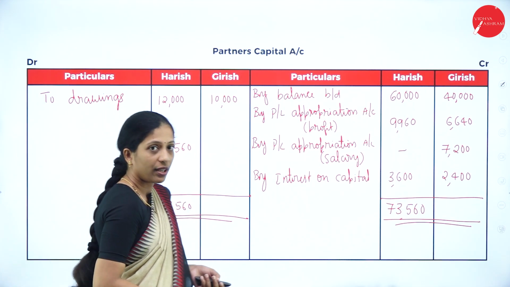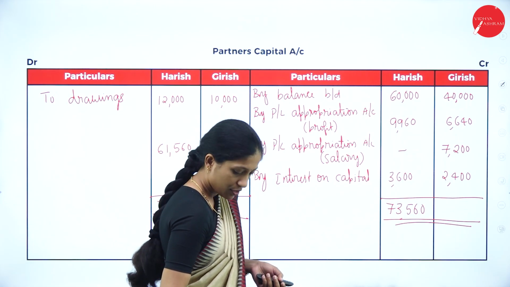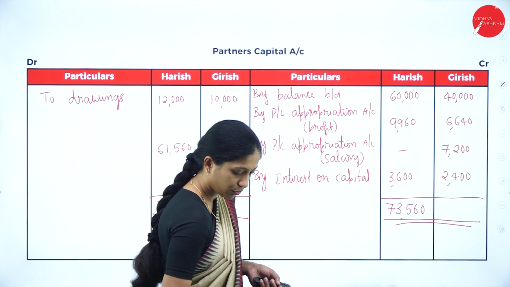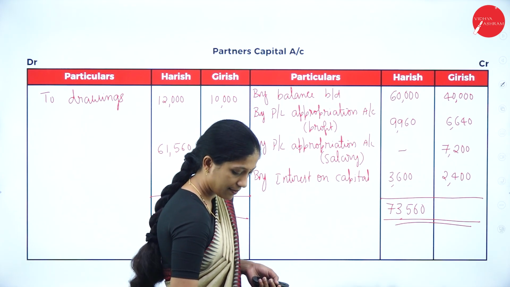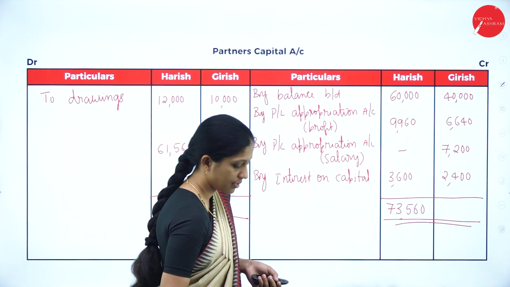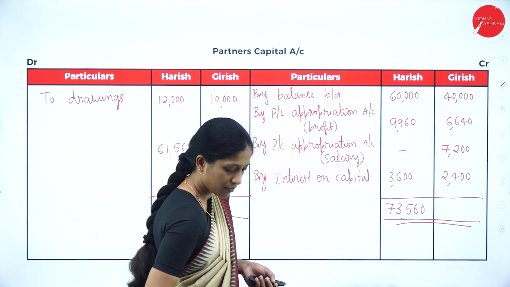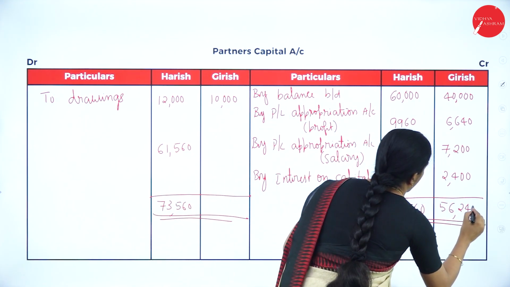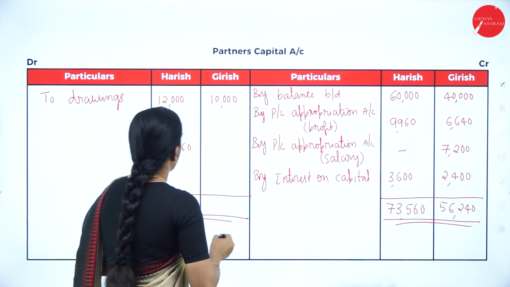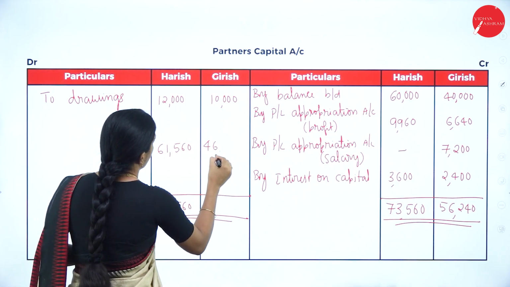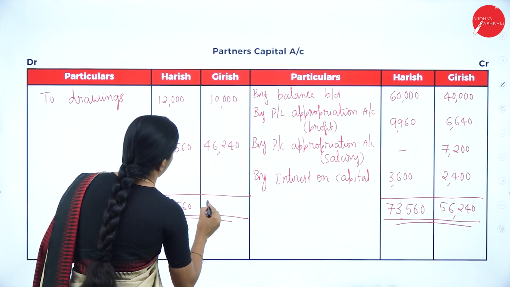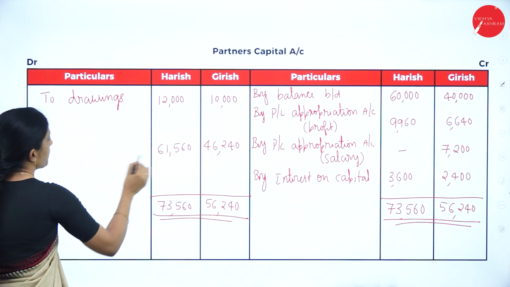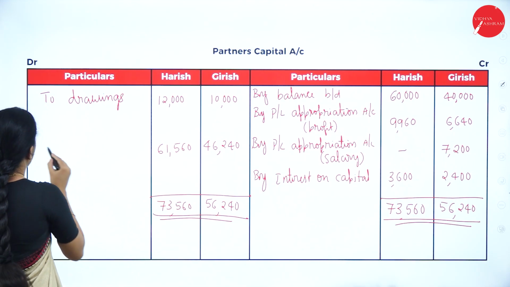Now coming to your Girish total, that is 40,000 plus 6,640 plus 7,200 plus 2,400. So it will be 56,240 minus 10,000. So your balancing figure will be 46,240. Total 56,240. Now, this balancing figure, what you have got, you have to carry it down.